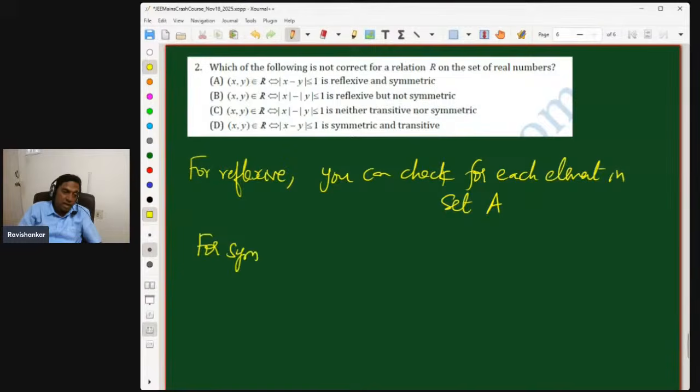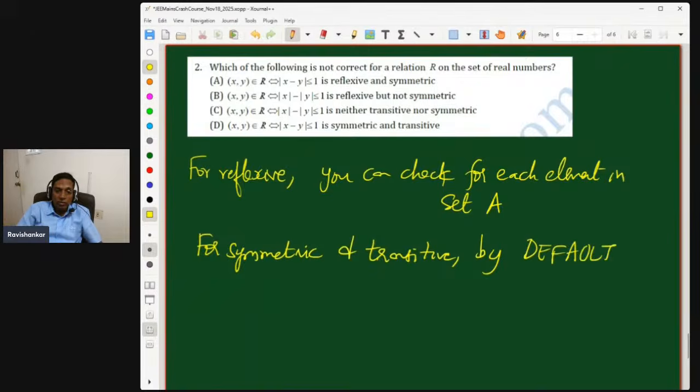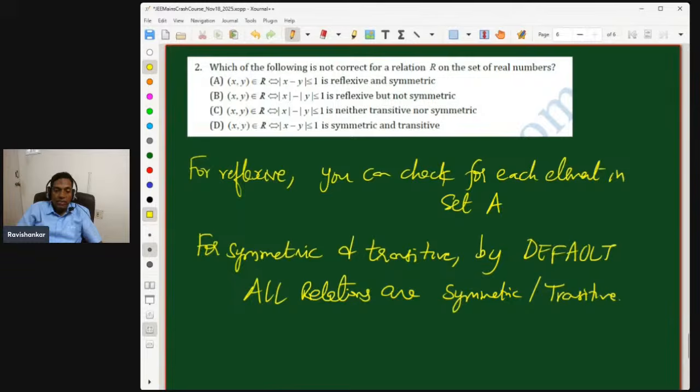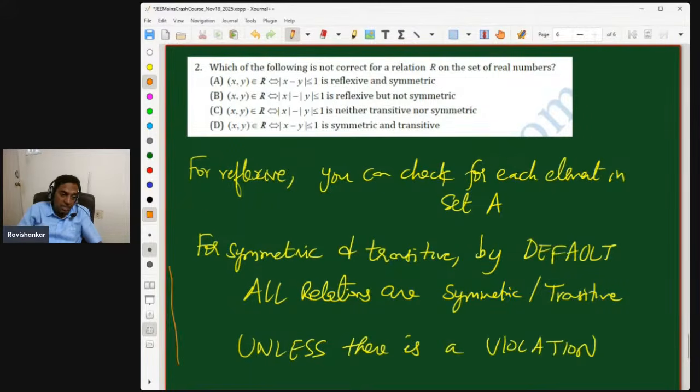For symmetric and transitive, what I have said in class, and this is very important, by default, all relations are symmetric and transitive unless there is a violation, and it is your job to see if you can find a violation.